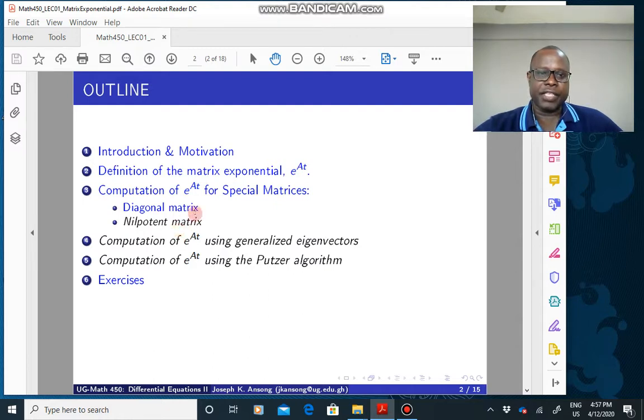So we'll look at the special cases, and later in other lectures we'll look at so-called generalized eigenvectors. And much later we'll look at an algorithm known as the Putzer algorithm, which you can also use to compute the matrix exponential.